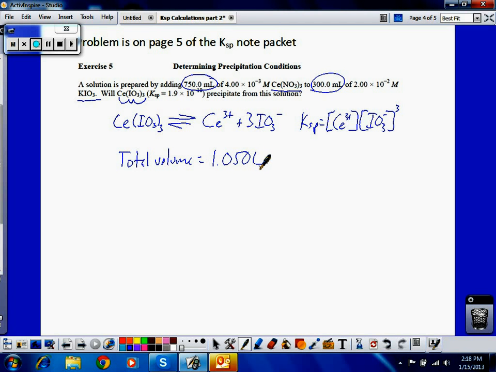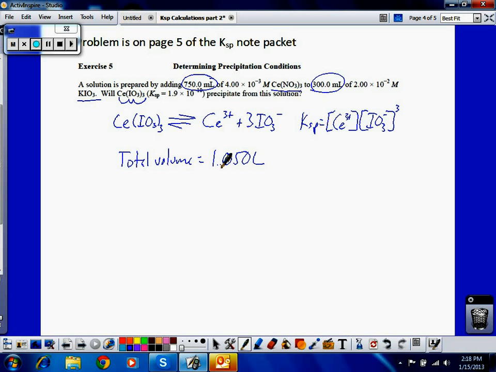Which means that the concentration of each ion has now changed, because I have the same number of moles of cerium and iodate, but now they're in a different volume. Instead of the cerium being in 750 milliliters, it's in 1.05 liters. Instead of the iodate being in 300 milliliters, it's in 1.05 liters.